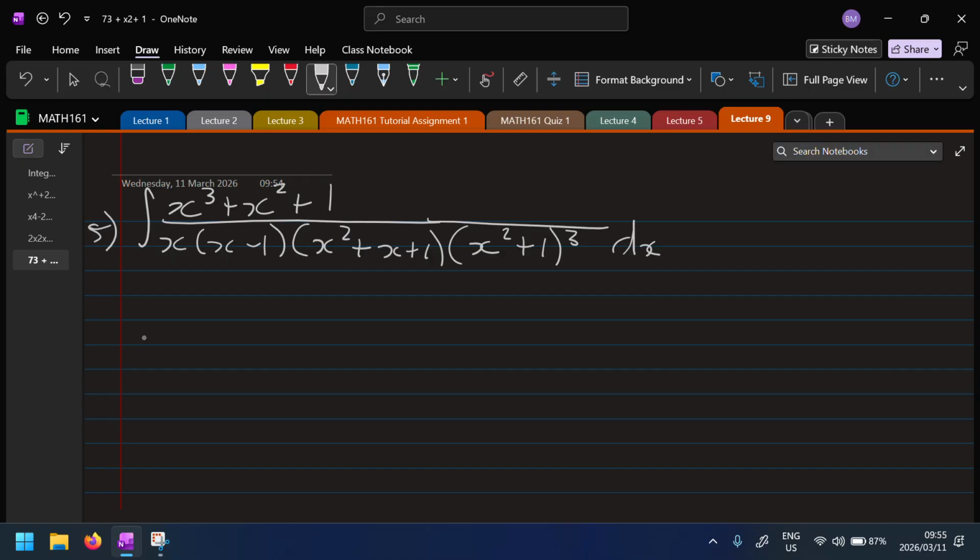Okay, so let's try and split this up. Once it's split up, you know what to do from there. So the first one at the bottom is x. So what do we get? If there's just an x at the bottom, what term does that become? A over x.